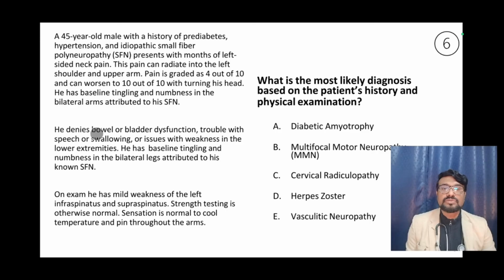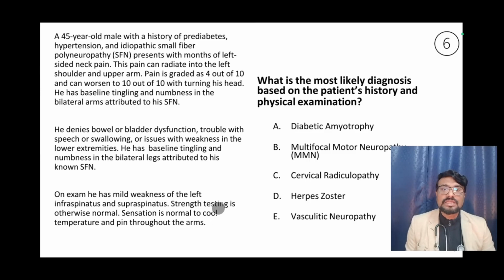He denies bowel and bladder dysfunction, trouble with speech and swallowing, or weakness in his lower extremities. He has baseline tingling and numbness in both legs because of the small fiber neuropathy. On examination, he has mild weakness of his left infraspinatus and supraspinatus muscles.